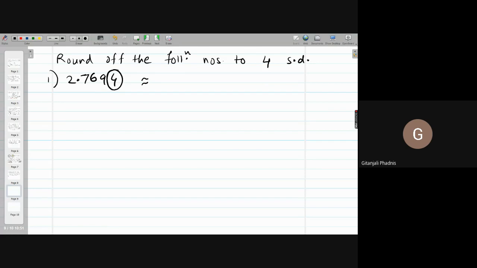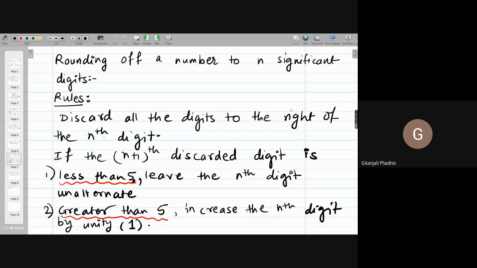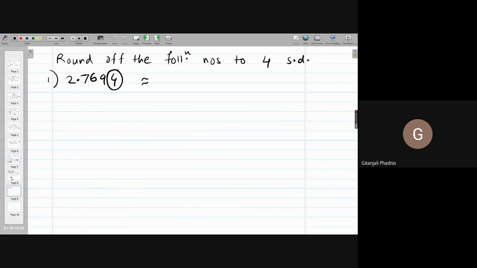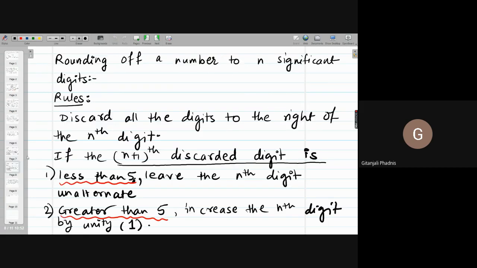So what does our rule say? If the n plus 1th discarded digit is less than 5, then leave the nth digit unaltered. I wrote the wrong word; it should be unaltered, that means unchanged.